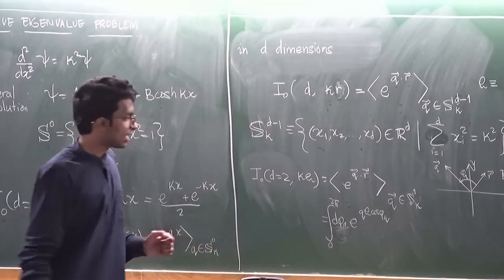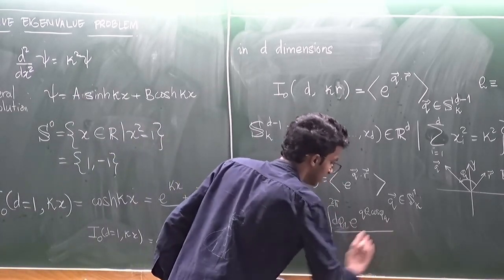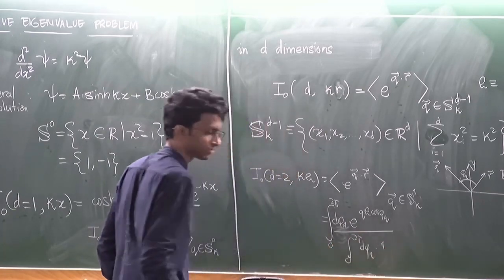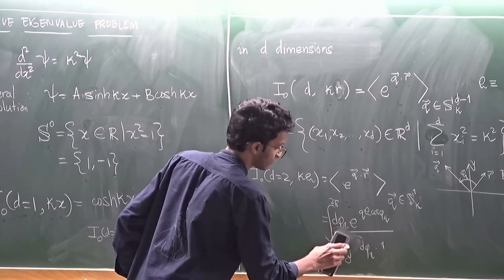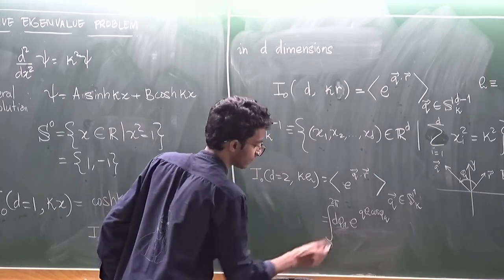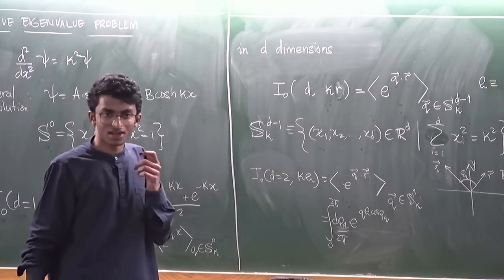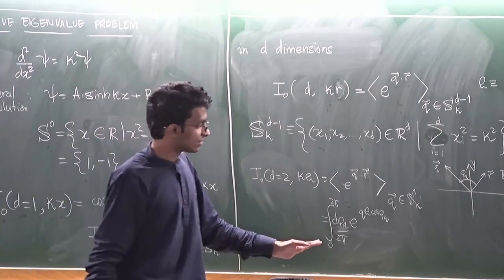Okay, and since it's an average, I have to divide by the integral from 0 to 2 pi of d phi q times 1. Now that's just 2 pi. Okay, and that's it, right?